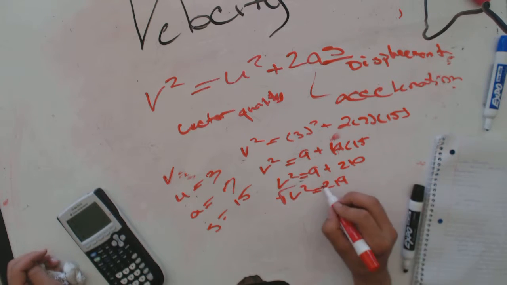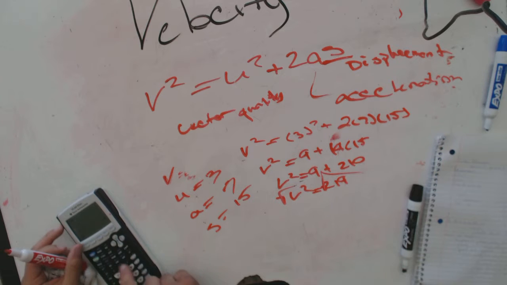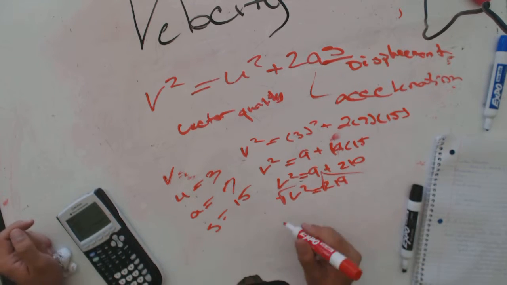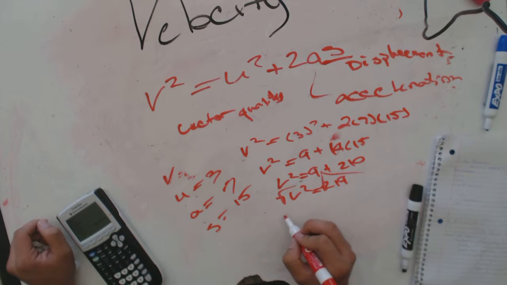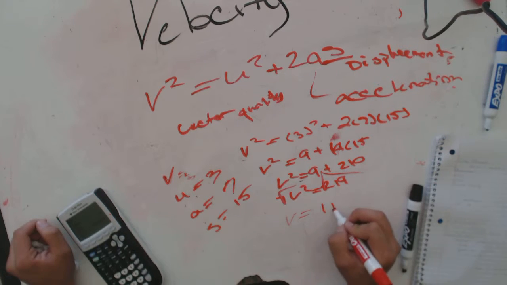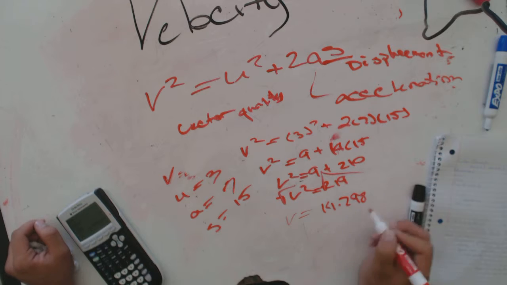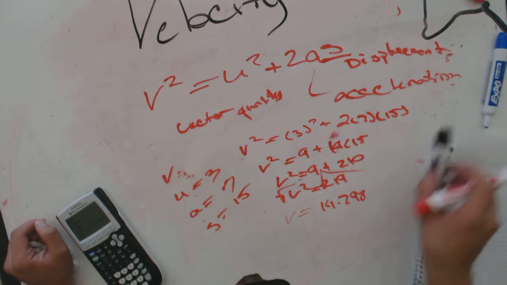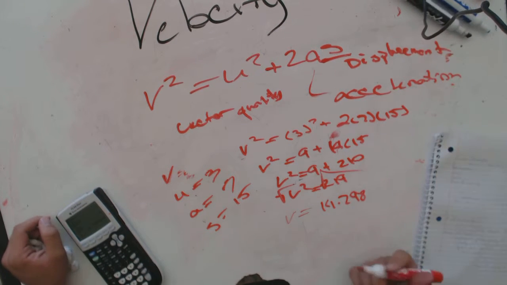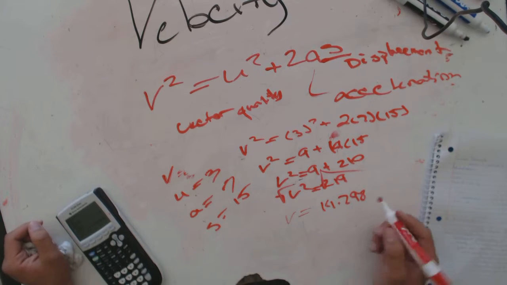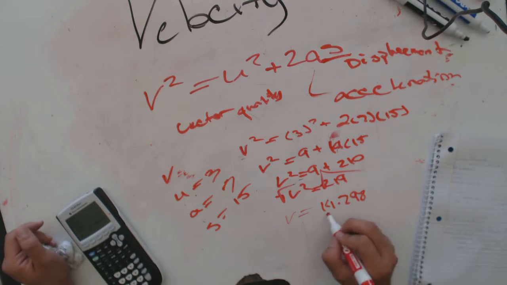Then we just take the square root of both sides. So the square root of 219 is 14.798. So v equals 14.798. This is where you have to round to the number of significant figures wanted. So let's say you want three significant figures. So 1, 2, 3.